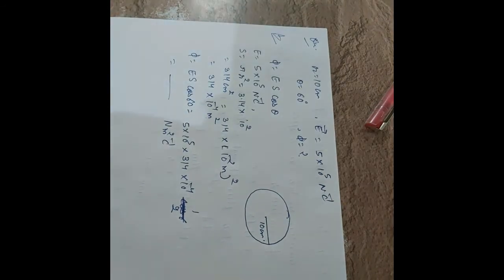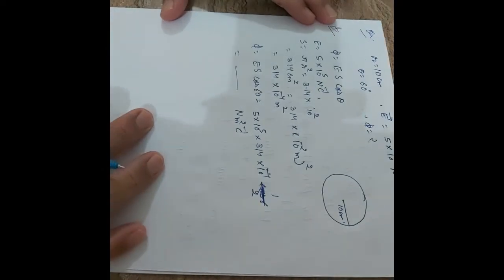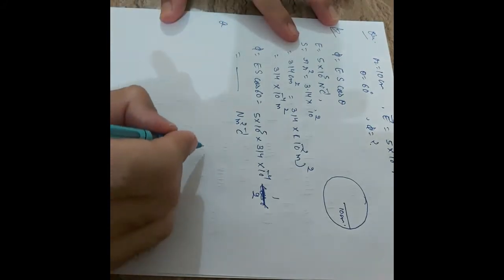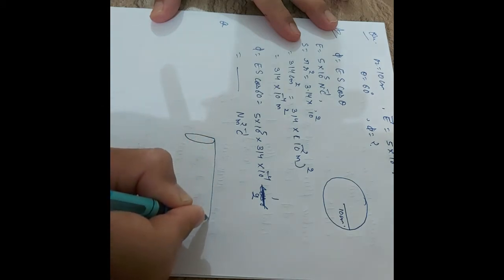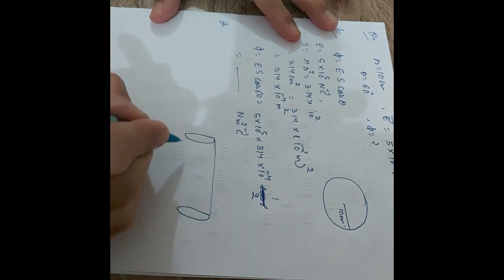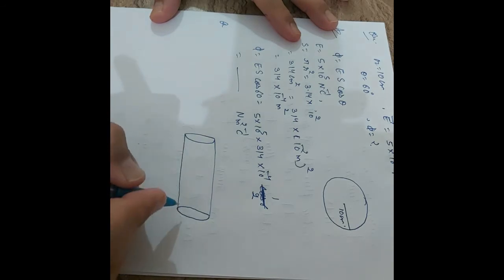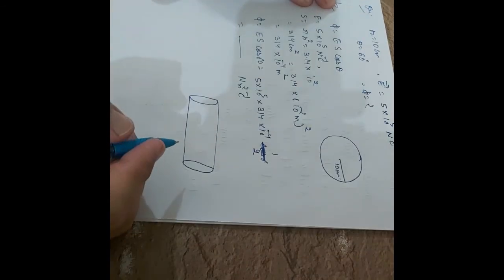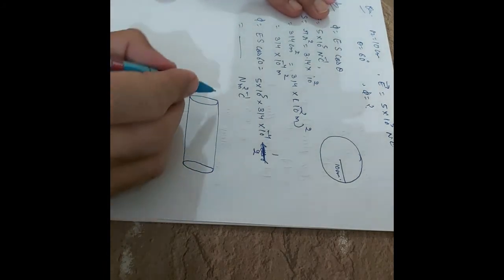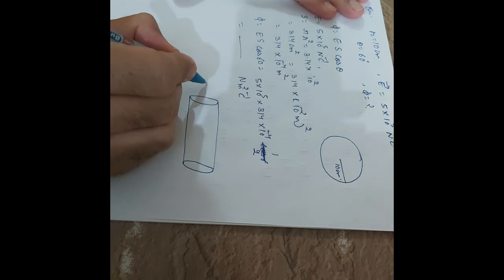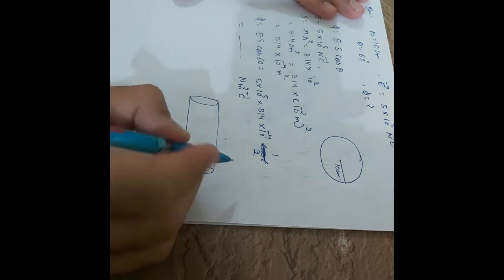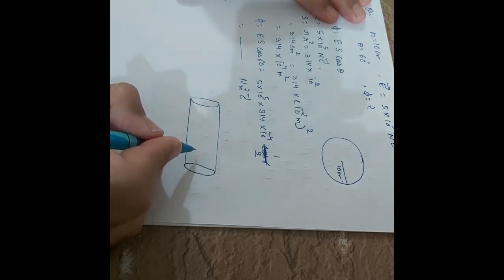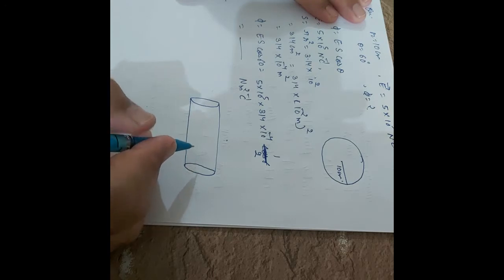Next, there is one more question. Let me ask that question. You are given a cylinder. Let us say this is a cylinder which is given to you, and it is placed in an electric field which is parallel to the direction of the axis of the cylinder.